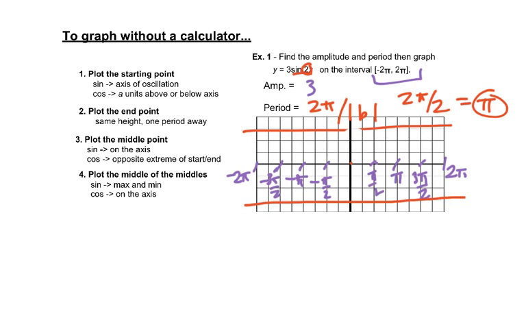So if we're going to start here, as the directions say, we're going to end here, because again that's where the period is. We're going to plot the middle, which is actually where it's going to go back through the graph. And then since it's sine, it's going up. So this is its highest point it's going to reach. Through that middle, it's going to go back down. So that's the lowest part it's going to reach.